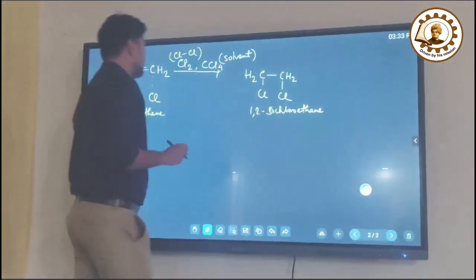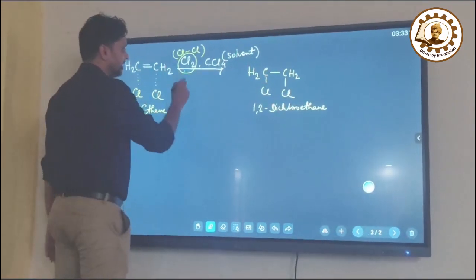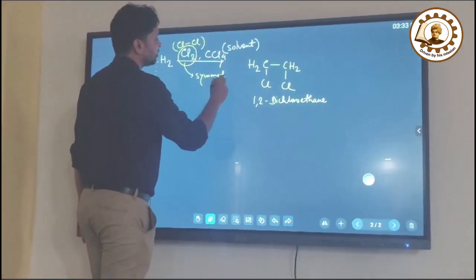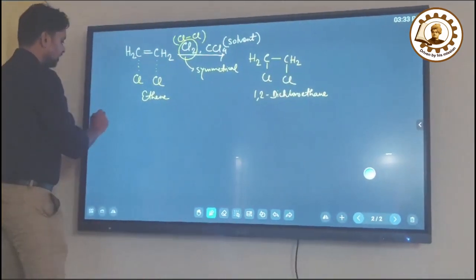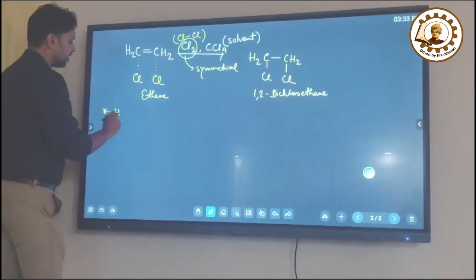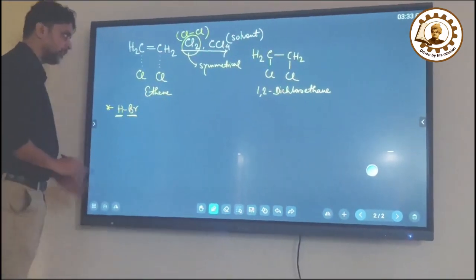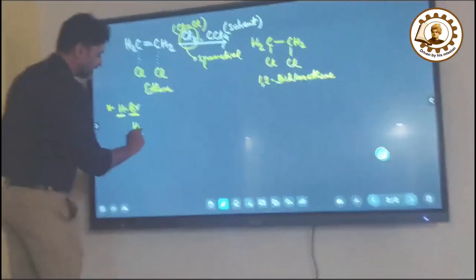But the problem arises when the added substance is not symmetrical. This is a symmetrical reagent. But what happens if we have a compound like HBr, where the 2 elements are different, one is hydrogen and one is bromine? Let me give you the example once again.